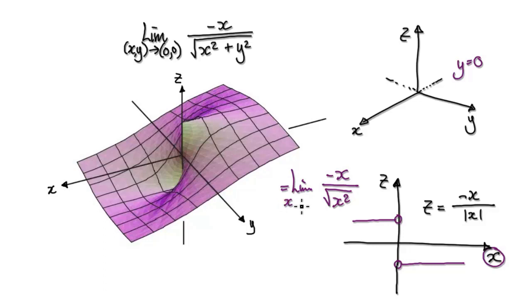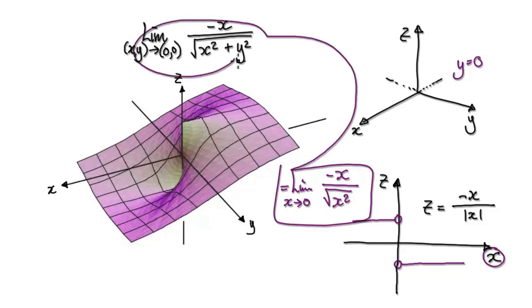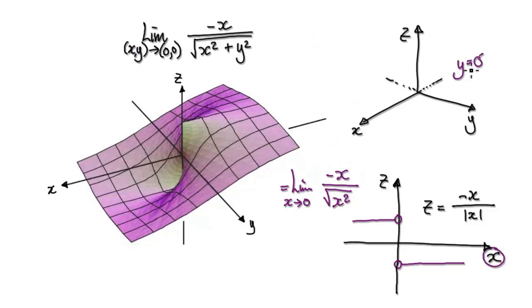So let me just simplify this and say as x heads towards 0. This is exactly the same as this for this given plane. Now you can clearly see that the limit doesn't exist. This is 1, this is -1. So we can conclude the limit does not exist. Okay?